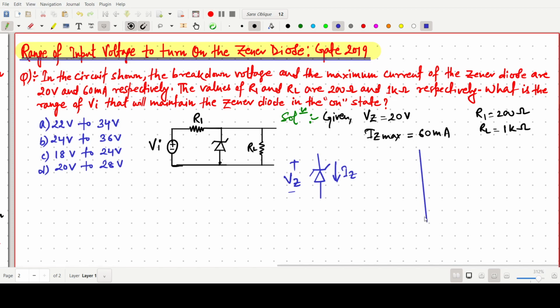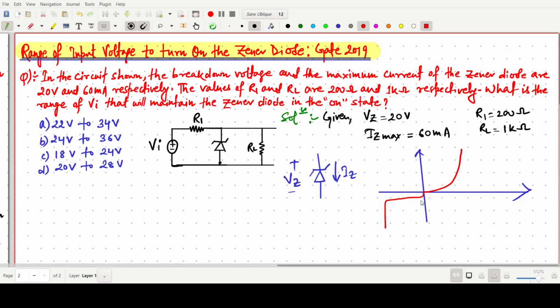And as we know the diode characteristics, a Zener diode is nothing but a diode made to work in the breakdown region. So this point is called minus VZ, and this is minus IZ min.